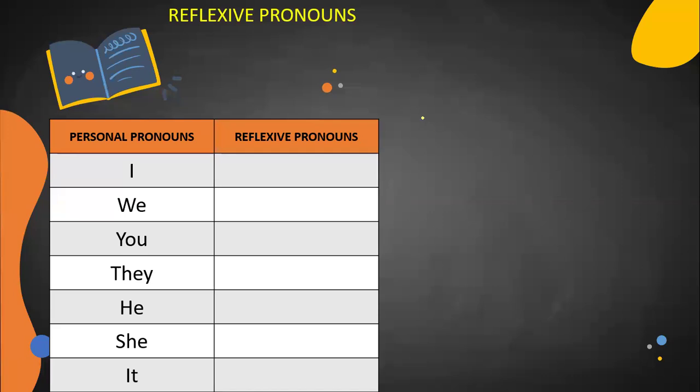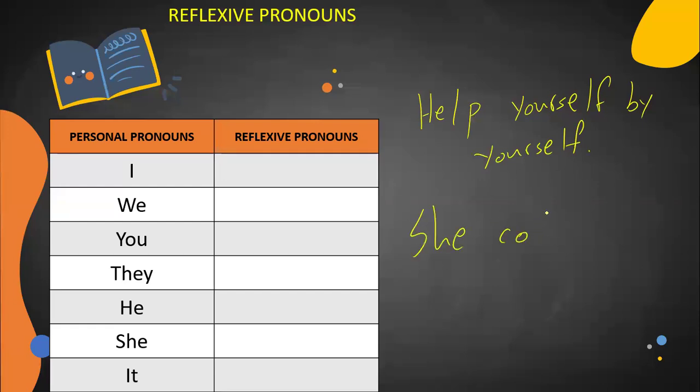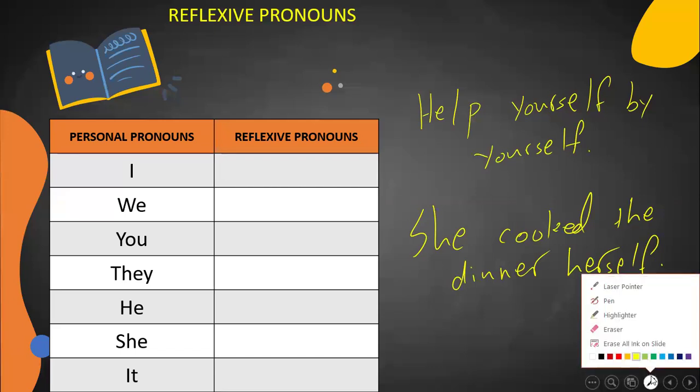For example, help yourself, or she cooked the dinner herself. Okay, so here we have yourself and herself as reflexive pronouns. They go back to the subject of the sentence.